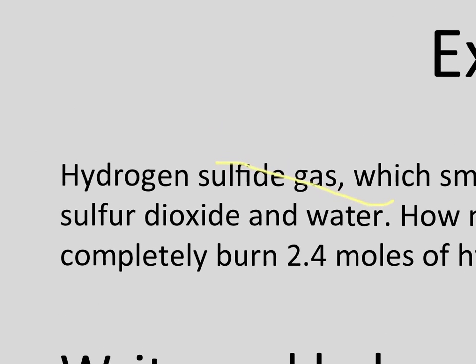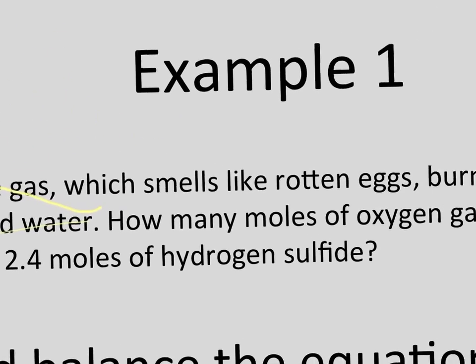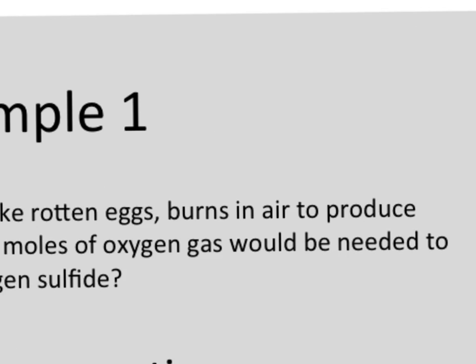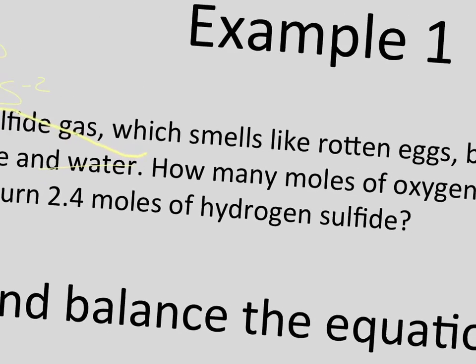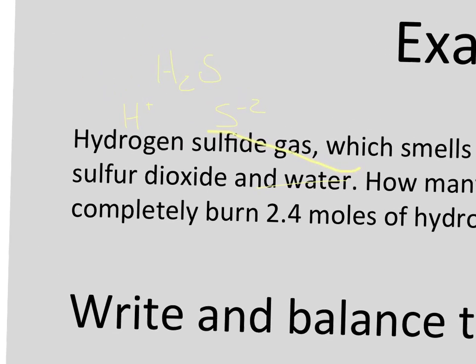We are looking at the hydrogen sulfide. So hydrogen is a +1, sulfur is a -2, so this is going to be H2S. Burns in air, so usually if we're burning stuff in air, we're going to be dealing with O2. And it makes sulfur dioxide. Well, that means we have an S and an O2 because we have di, and we have water.